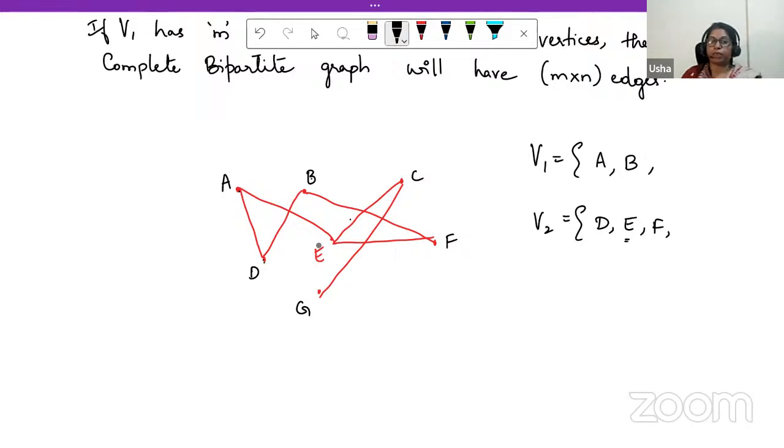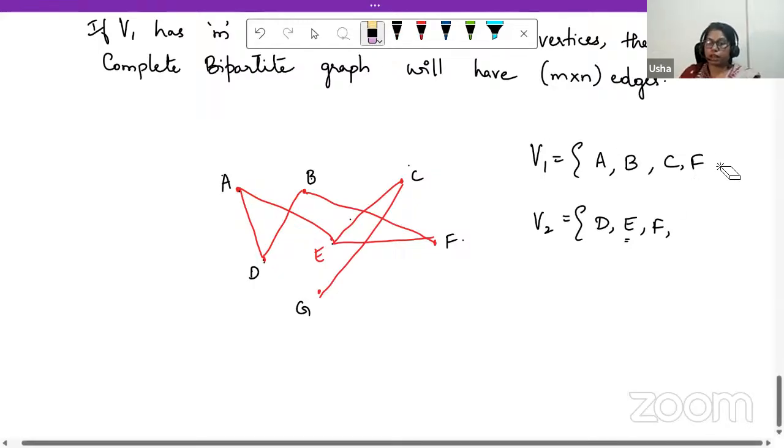Now I'll take E. E is connected with A, C, and F. All these three are supposed to come in the opposite set where E is not there. A is written here, so you're supposed to write C and F. But F is already there in this set, right?